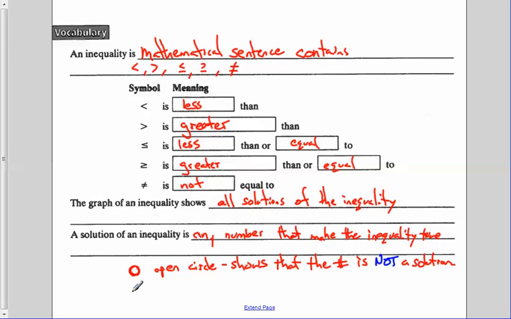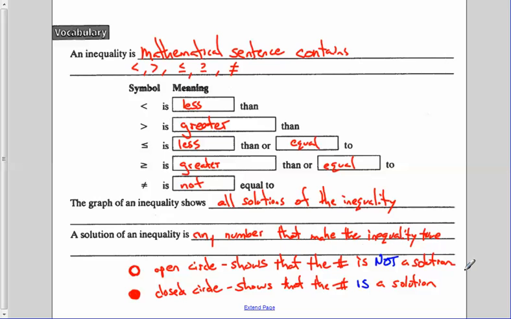And then we have the opposite of that. The opposite of open would be closed. And so we put a closed circle. And a closed circle is the opposite. It shows that the number is a solution.